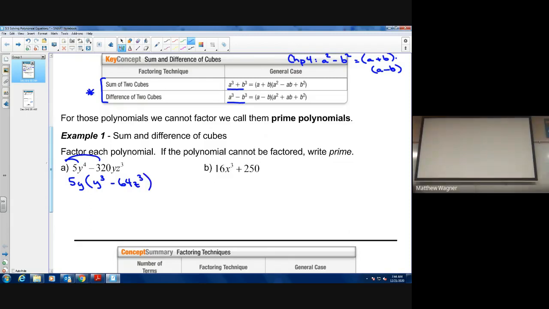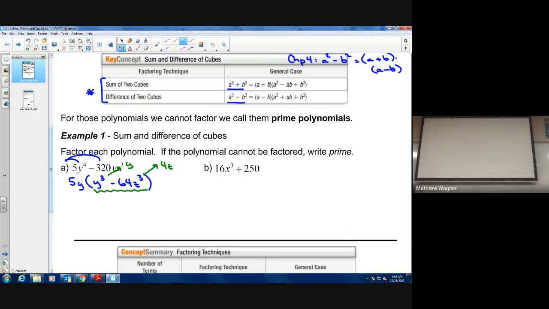So if I take a 5y out of both, that's what I'm left with. And now, if you notice, it looks like these are perfect cubes. The cube root of y cubed is y. The cube root of 64z cubed is 4z.